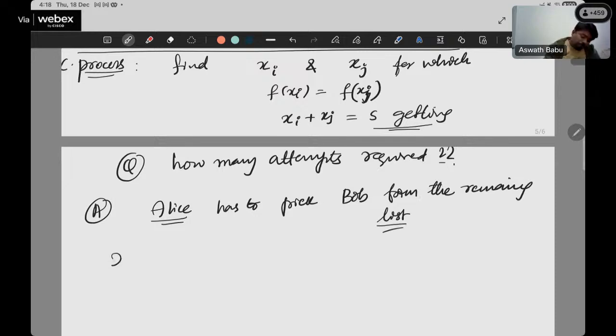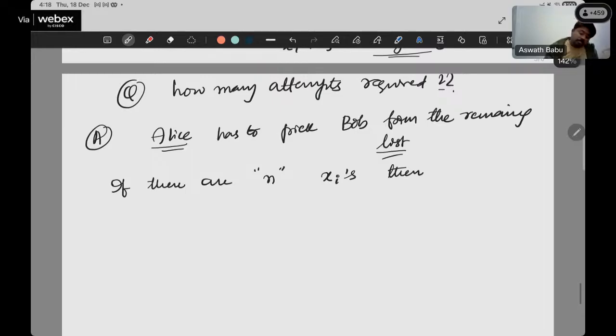If there are n x's, how many attempts? n into n minus 1 attempts would be needed. Let's say Alice picks one guy who is not Bob, so she has to leave and go to the next guy. She checks whether Bob is there or not. So n into n minus 1 attempts are required.